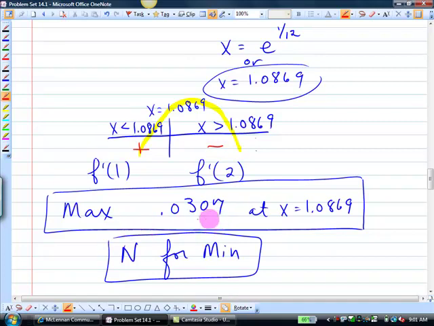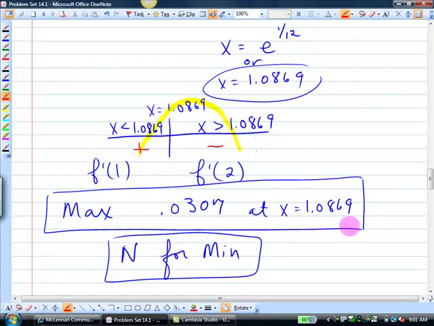Where did this number come from? Where did 0.0307 come from? Plug this value back into the original, and you'll get this. Plug in 1.0869, or you could just use e to the 1/12 if you're doing it on the calculator, and you should get 0.0307.